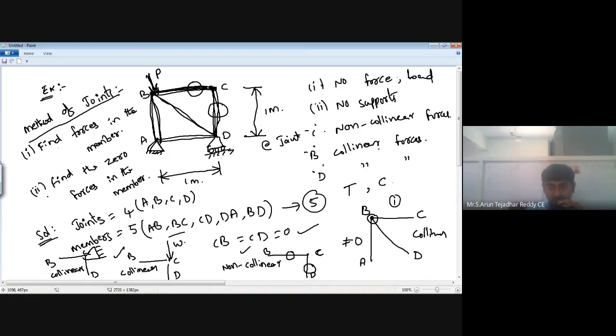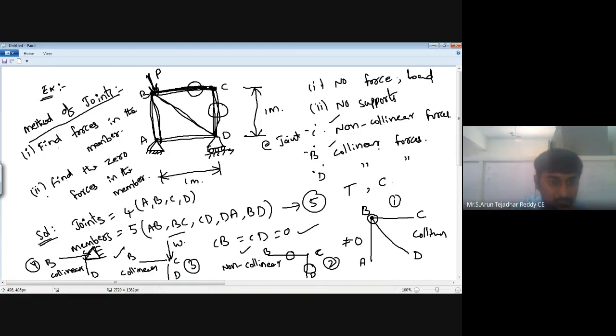First diagram, non-collinear... second diagram, non-collinear. Third diagram, collinear with external load acting. Fourth diagram, collinear with support acting. So these are the four variations of diagrams, non-collinear and collinear.